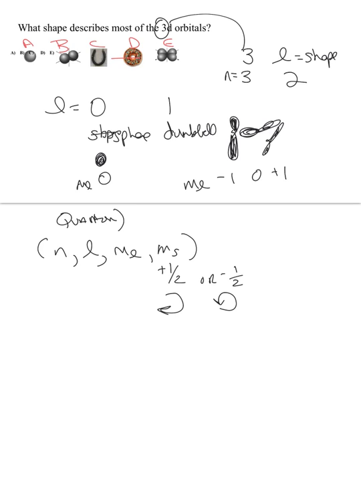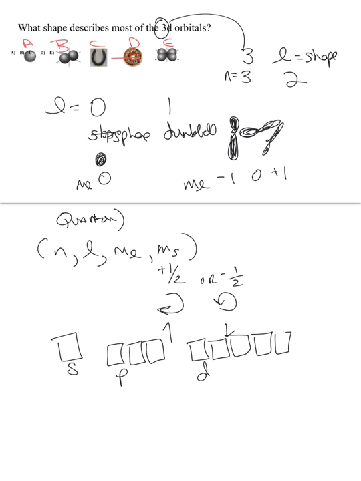When you have an electron, we denote that by spinning up or spinning down. The m sub l is the orientation. So for s, you're going to have 1 orbital. For p, you're going to have 3 orbitals. For d, you can have 5. These are odd numbers; you have to memorize this. For f, you can have 7 orbitals.